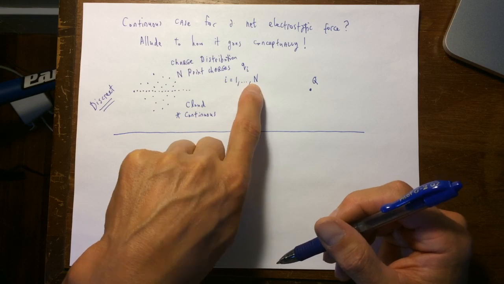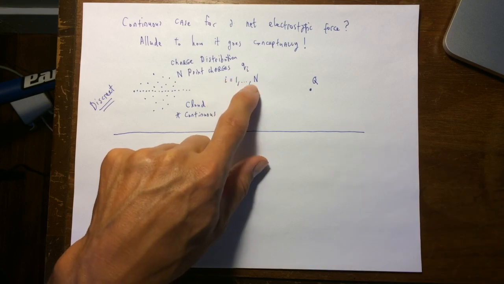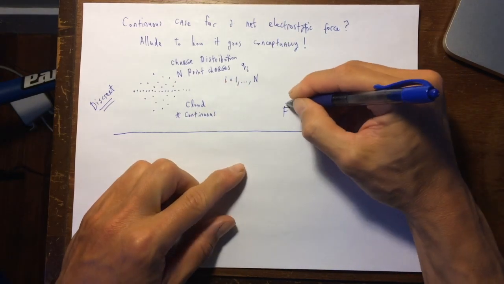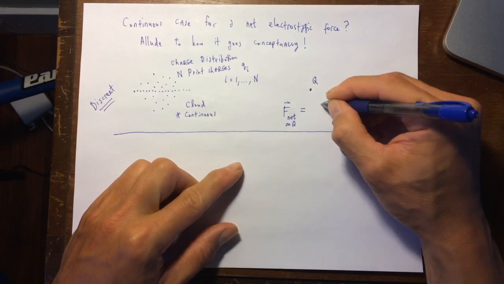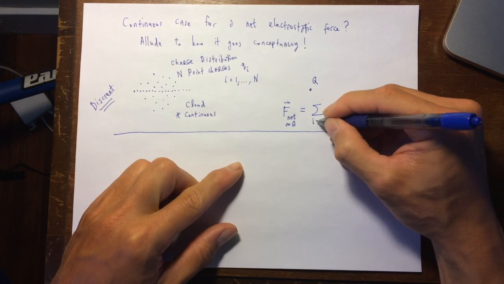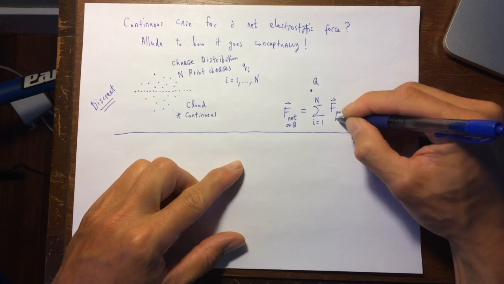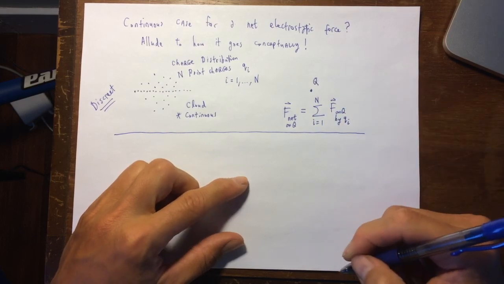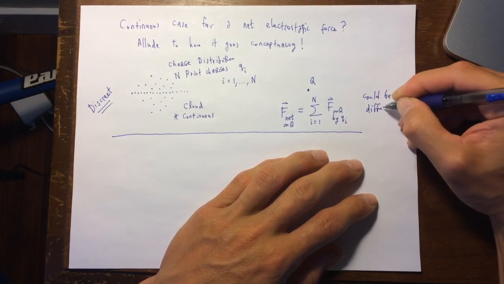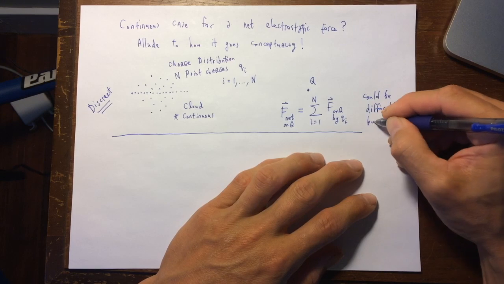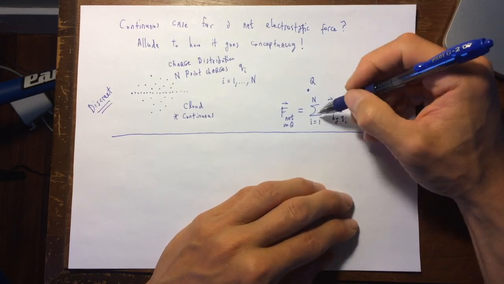It's a countable integer. And the process of discovering the net force, say, on Q, is just to do the sum of i equals 1 all the way up to N of the force on Q by charge Qi, right? Could be difficult, but simple idea, right? It's just a summation.